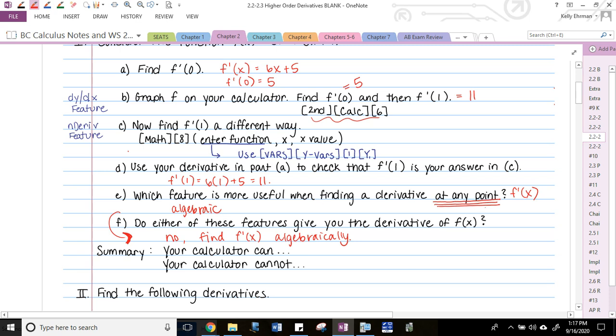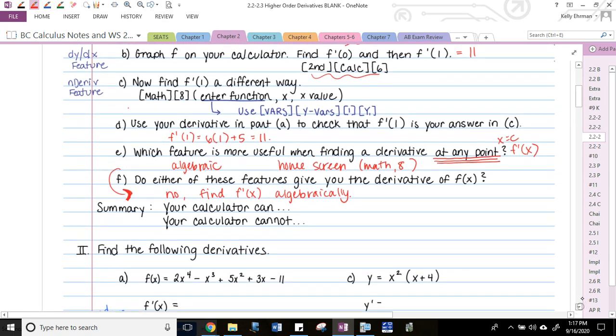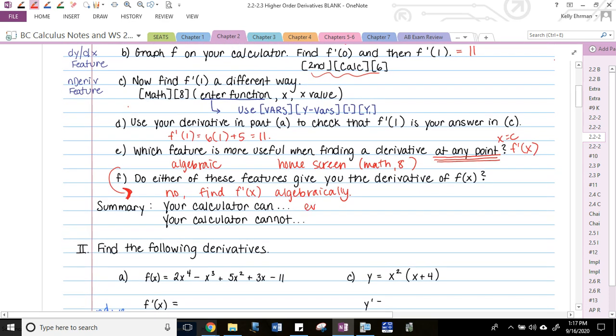Which feature is more useful in finding a derivative at any point, let's say x equals c? That would be the home screen, which is math, 8, etc. So your calculator can evaluate derivatives at any point x equals c.